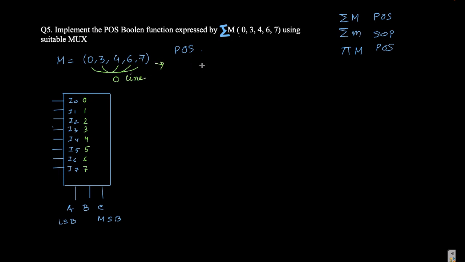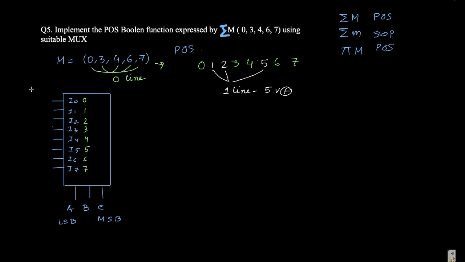for POS, all these data are connected to the 0 line and the rest. What are the rest? 0, 3, 4, 6 and 7 are given. It means that not given are 1, 2 and 5. It means this 1, 2 and 5 are connected in one line, that means the 5 volt plus, and this 0, 3, 4, 6, 7 are connected to the 0 line.